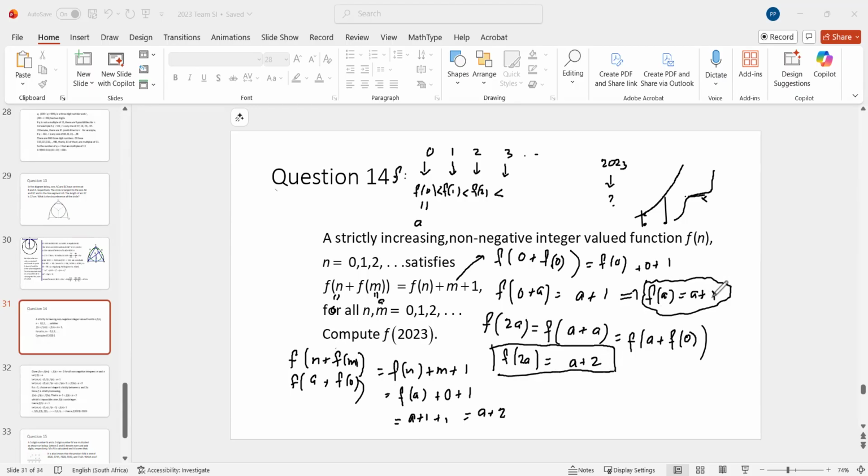Now you have f of a is a plus 1, and f of 2a is a plus 2. And I'm trying to calculate f of 2023, so I'm trying to search for a proper formula for f of n. Right?